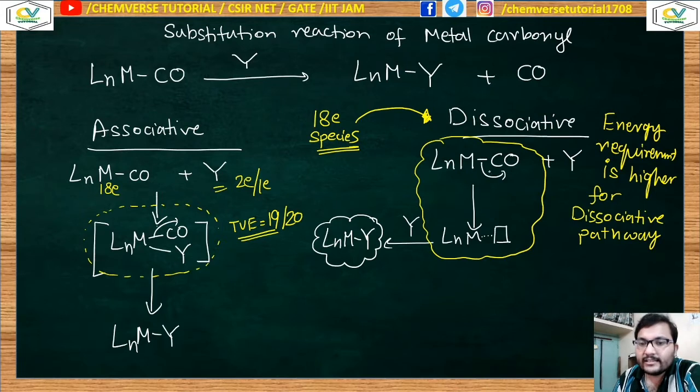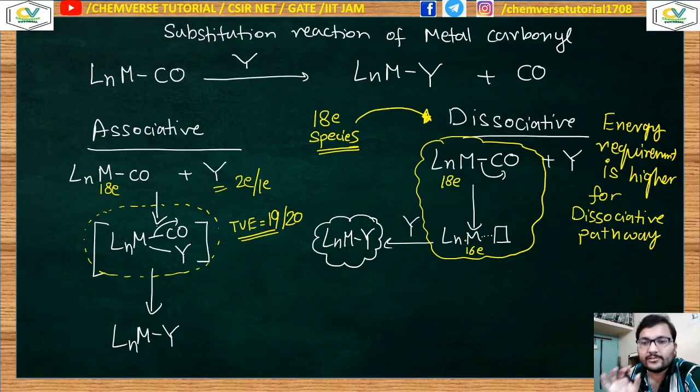But if you take a look at this system, it is an 18 electron species and it turns into a 16 electron species. In organometallic reactions, whenever a reaction proceeds via several steps, the transition from 18 electron to 16 electron and 16 electron to 18 electron is to some extent a stable interaction. Now, if the total valence electron count is beyond 18, then that will be much more destabilized.